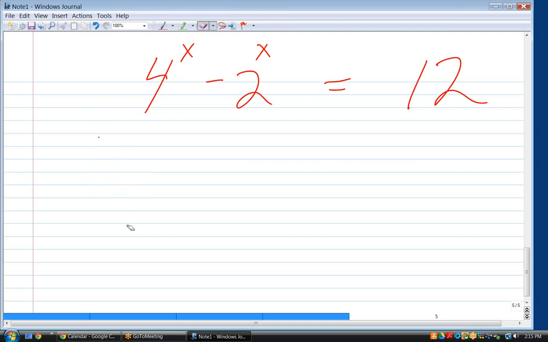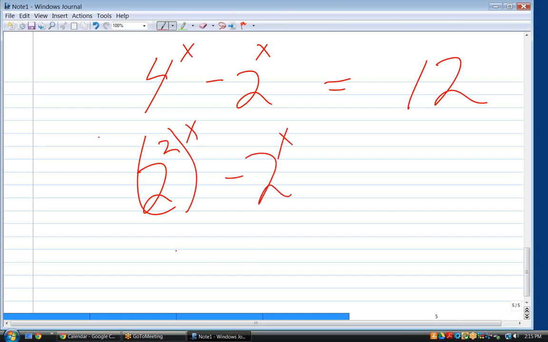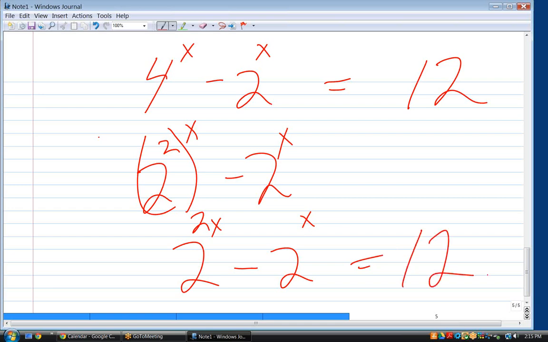Let me think about that a moment. This is also 2 squared to the x minus 2 to the x, which would be 2 to the 2x minus 2 to the x equals 12.